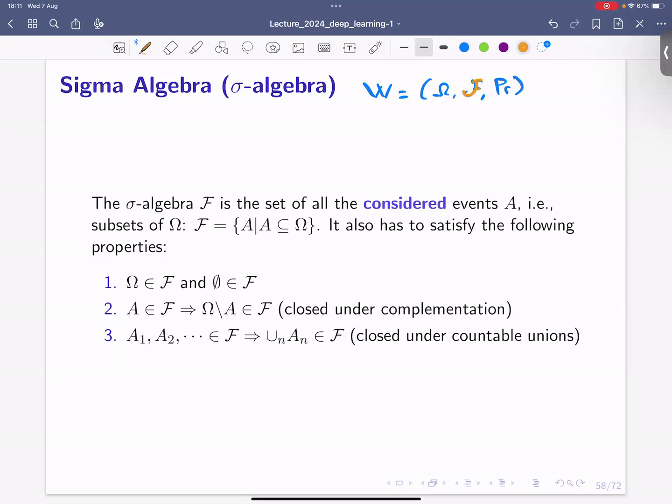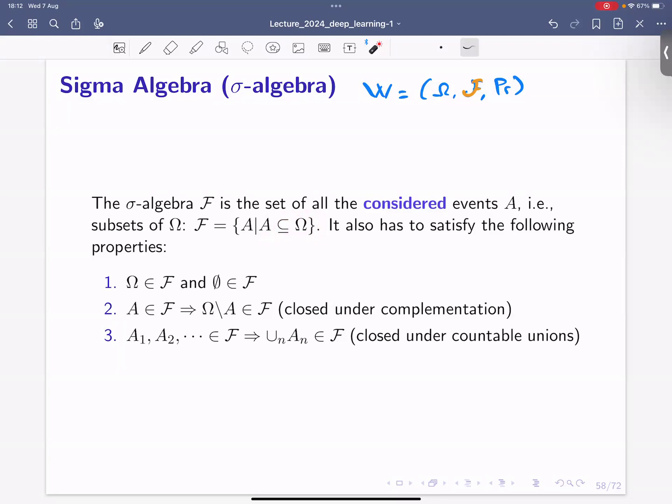The sigma algebra is a set of all considered events. Omega was the set of all events, and the sigma algebra is the set of all the events that you consider. I'll give some examples very soon. Formally, we define F as a set of events A, and each A is a subset of omega.